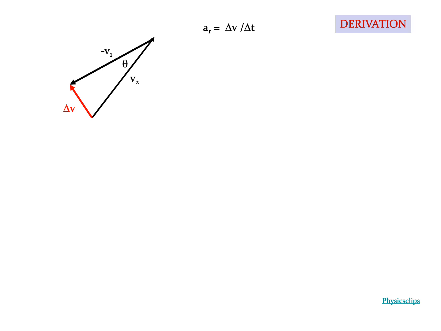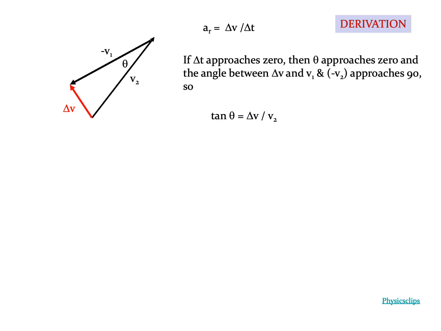So our radial acceleration, that small subscript r that you see there, that stands for radial, must be delta v over delta t. Now remember, look at the vector addition diagram. Delta v is that change in velocity, which we've now established is pointing along the radius towards the center of the circle. Okay, so the radial acceleration is delta v over delta t.